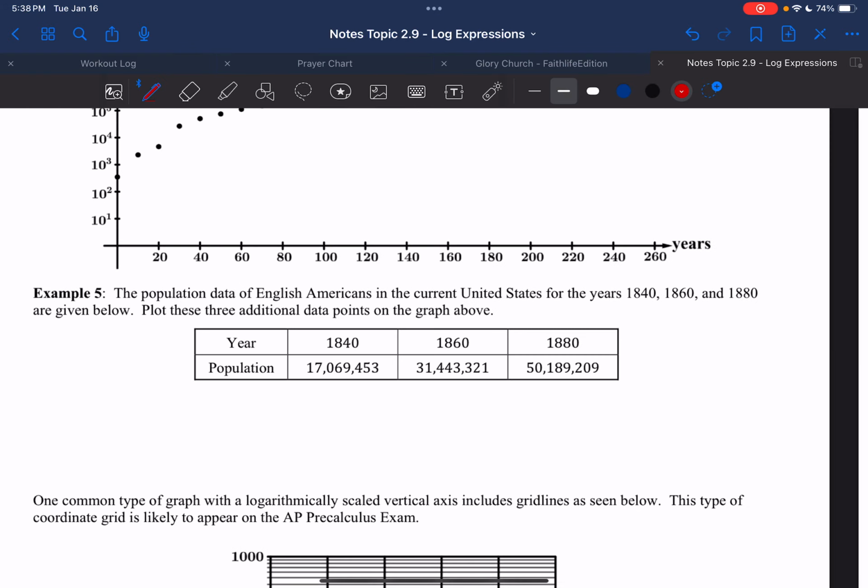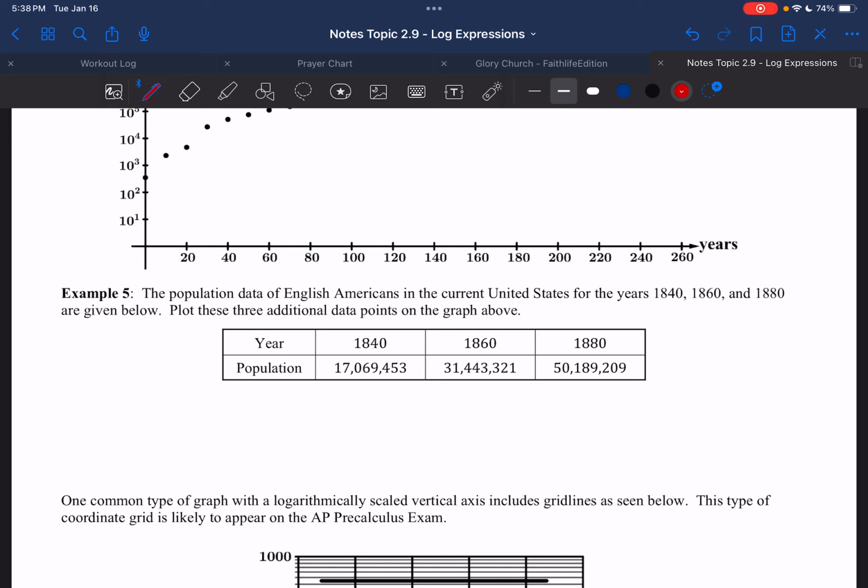So in this example, it says the population data of English Americans in the current United States for the years 1840, 1860, and 1880 are given below. Plot these three additional points on the graph above.